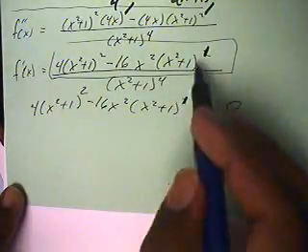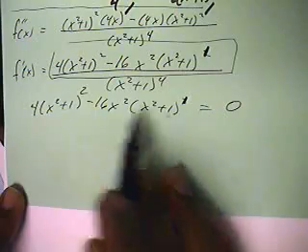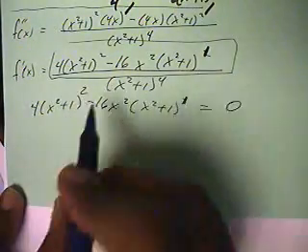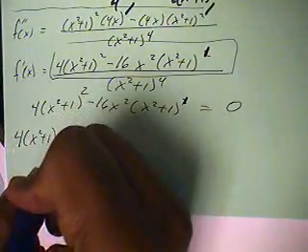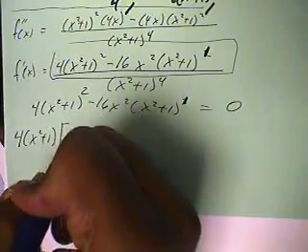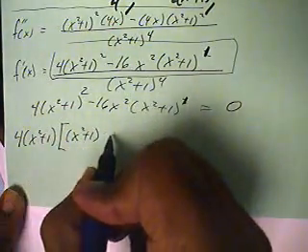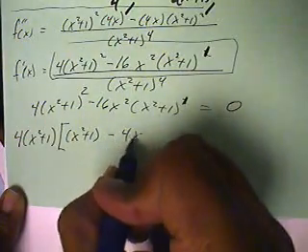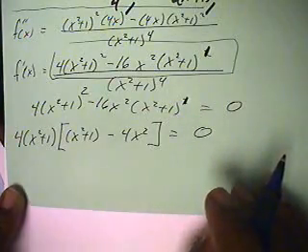Now let's take out the x squared plus 1 from both. We can also take out a 4 as well. So 4 and the x squared plus 1, and that leaves behind x squared plus 1 to the first power minus 4x squared. Now that all equals 0.